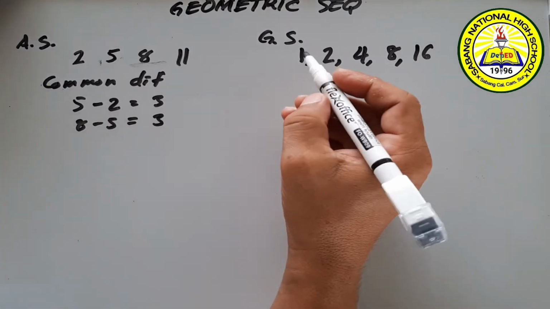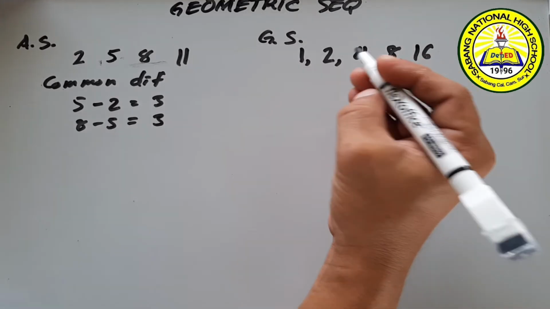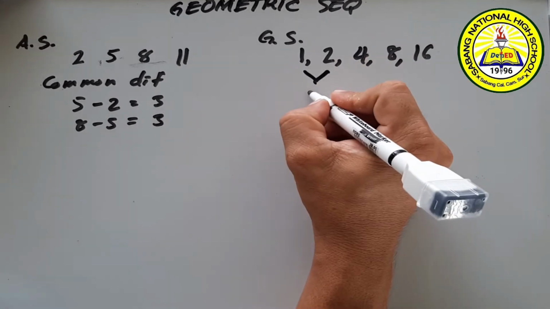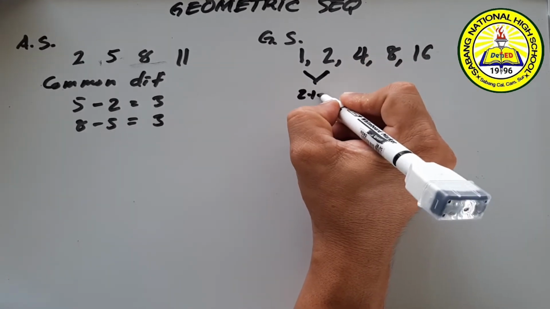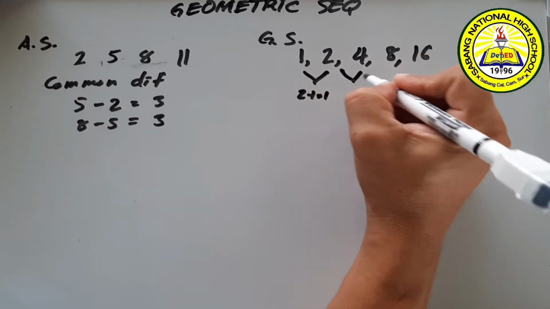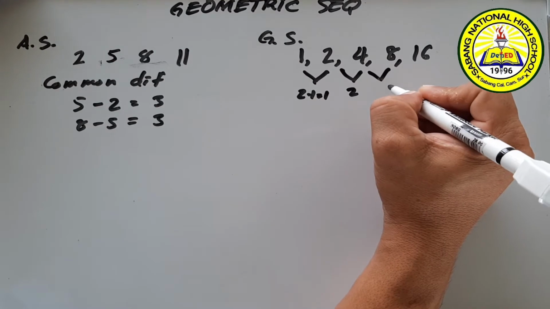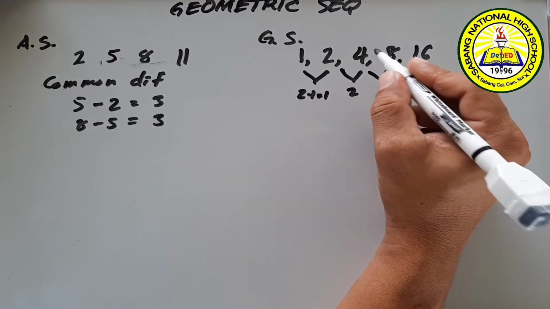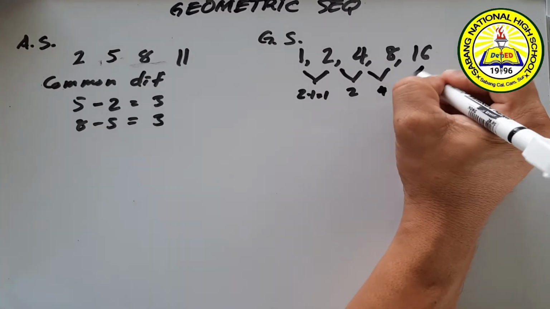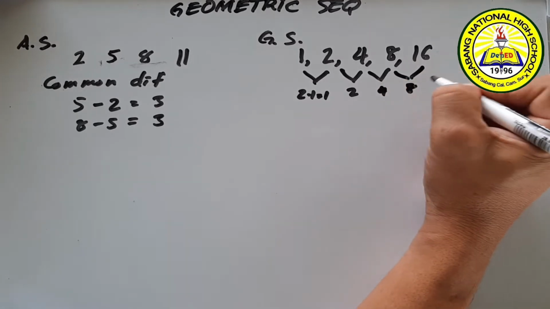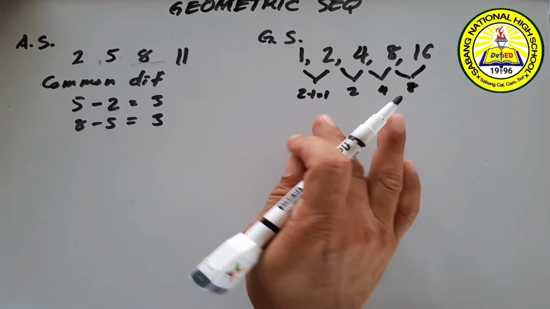Is this an arithmetic sequence? Their difference: 2 minus 1 is 1. 4 minus 2 is 2. The difference between 8 and 4 is 4. The difference between 16 and 8 is 8. So their differences are not the same.